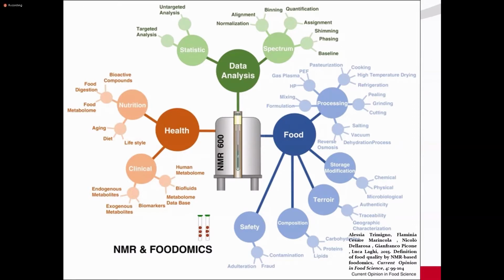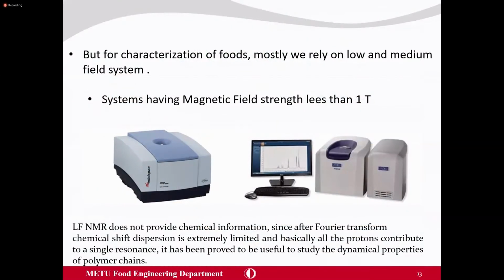be the preferred way, not only in terms of cost, but also in the data analysis and the data that you obtain. So for research purposes, NMR spectroscopy will provide valuable data, but for characterization of foods, we mostly rely on low and medium field systems, which means we are working at a lower frequency.